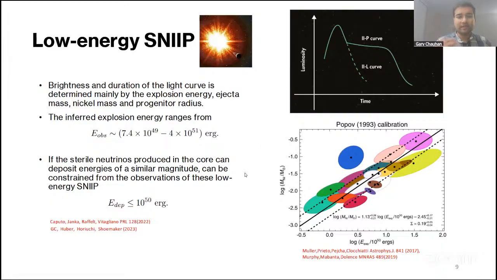And we have seen stars with very low explosion energy. So from there, we can constrain that any new species being produced in those stars should deposit energy through their radiative decays inside the envelope less than 10^50 ergs. So that's another way to bound their parameter space.